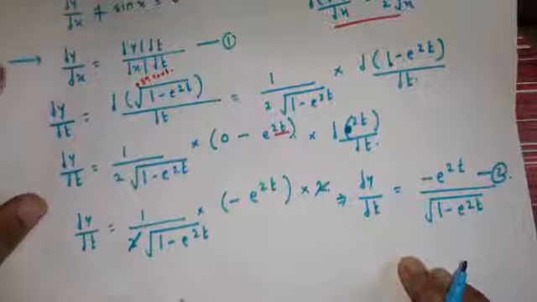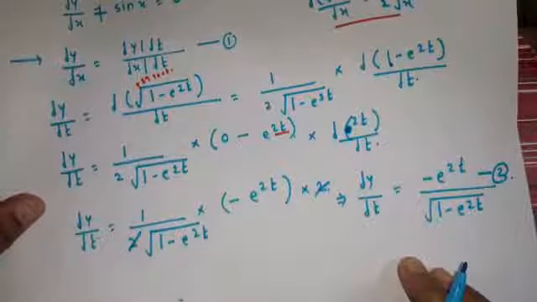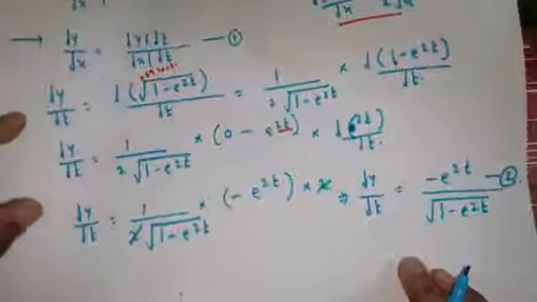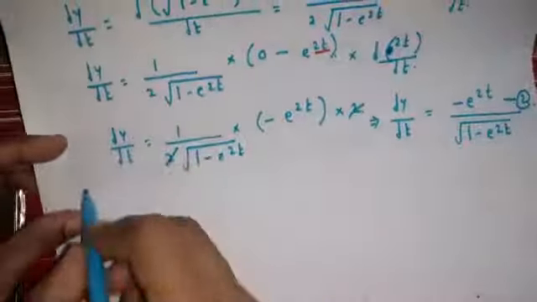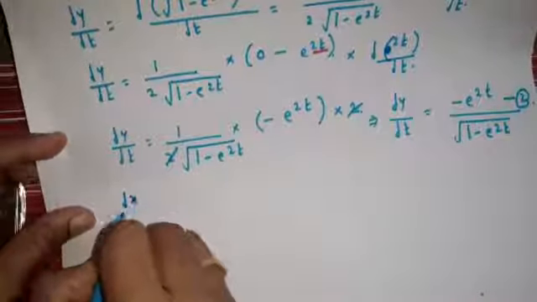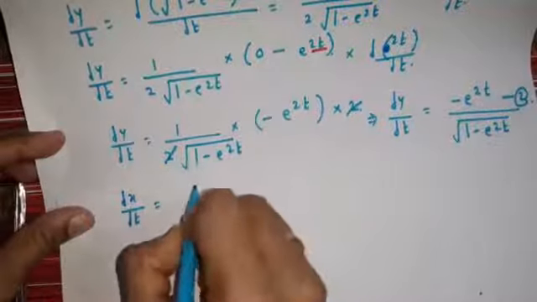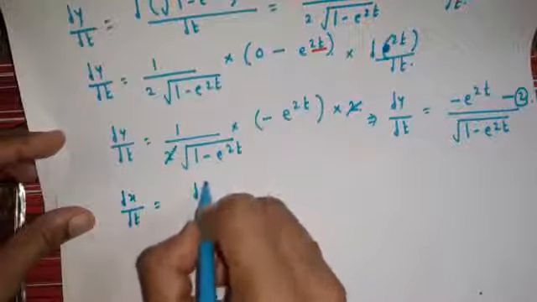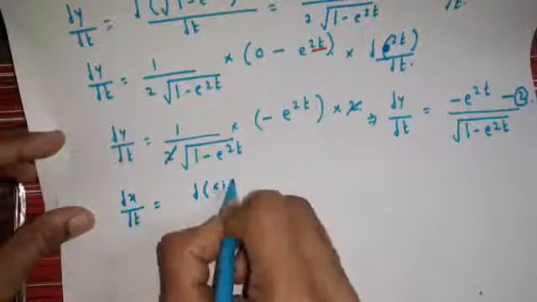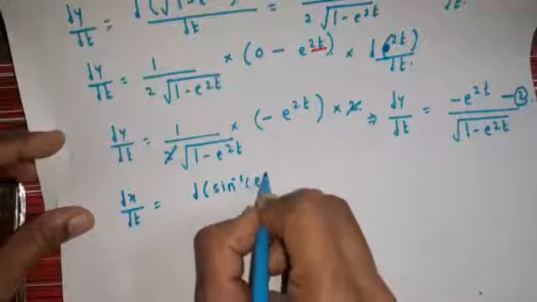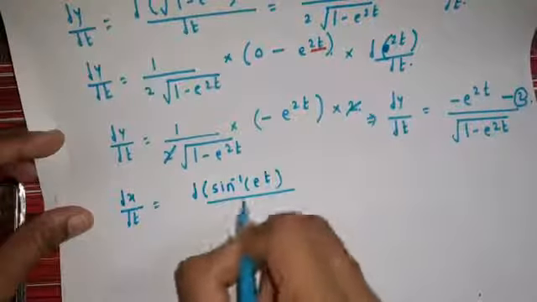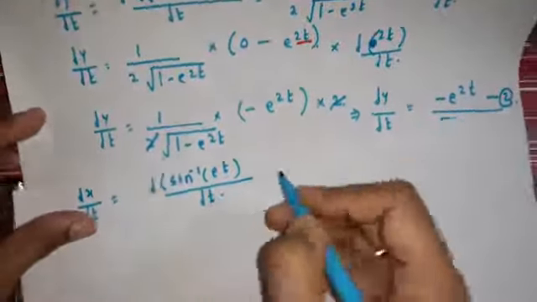Now find out dx by dt. What is dx by dt? dx by dt is the differentiation of x, that is differentiation of sine inverse of e raised to t with respect to t.